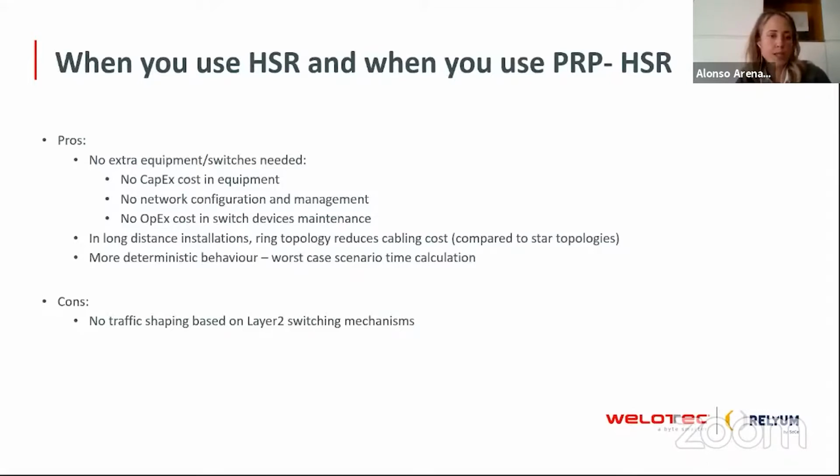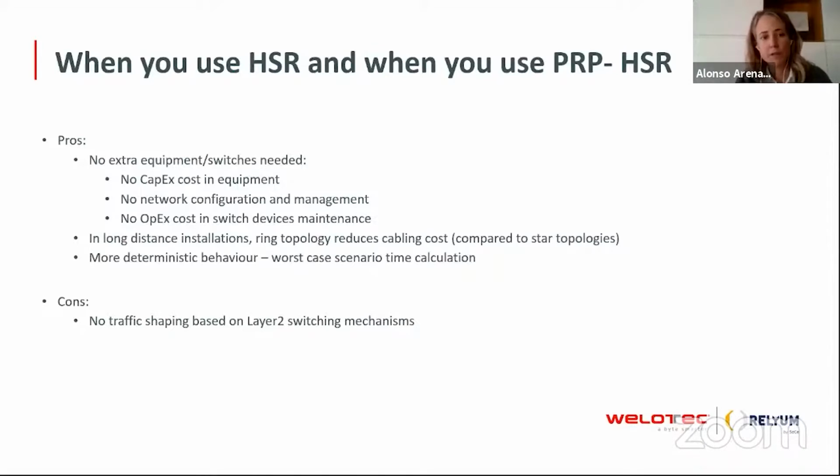If we have the switches in the control house, for example, in a PRP network, we have to do all this cabling installation to the control house. With an HSR topology, this is avoided. You only have to connect the nodes among them, and it has important cost savings in terms of cabling.